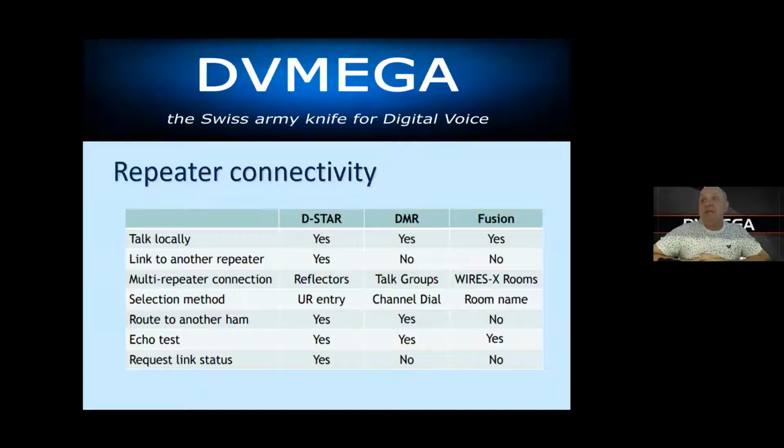With Fusion, that's not possible. Echo test, it's a parrot in the network, so that's possible with all three modes. And the request link status, that means I can give a command so that the network tells me where I'm connected to, and that's only possible with D-Star.